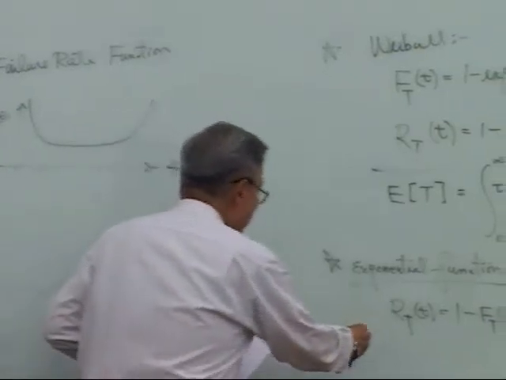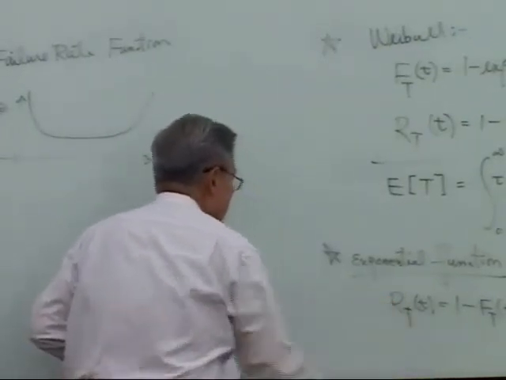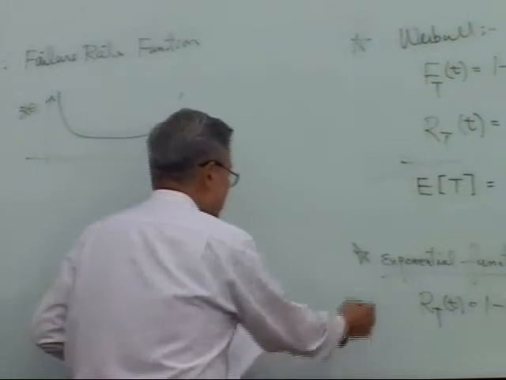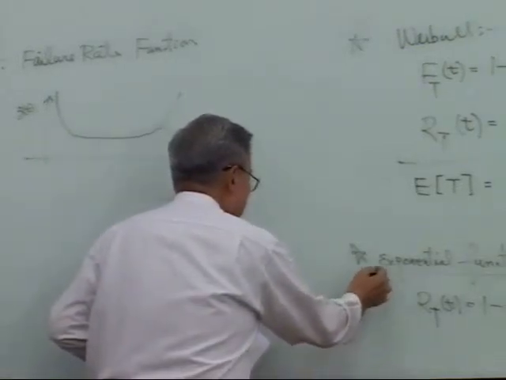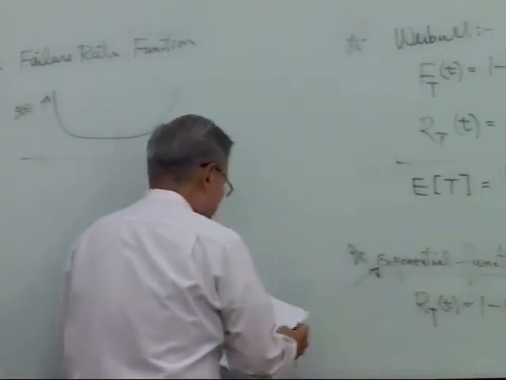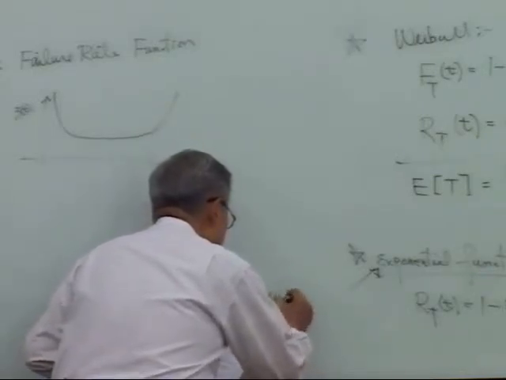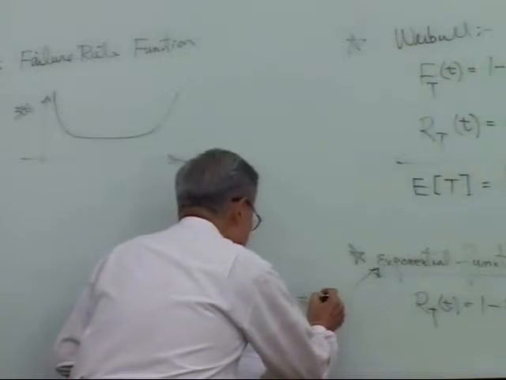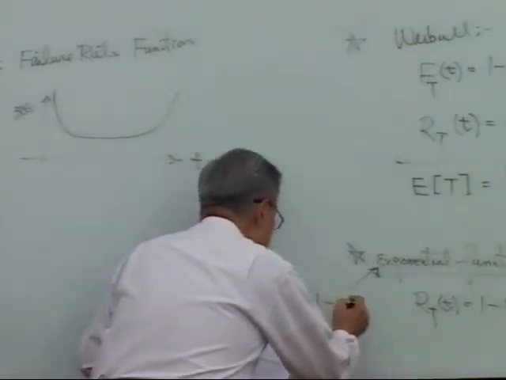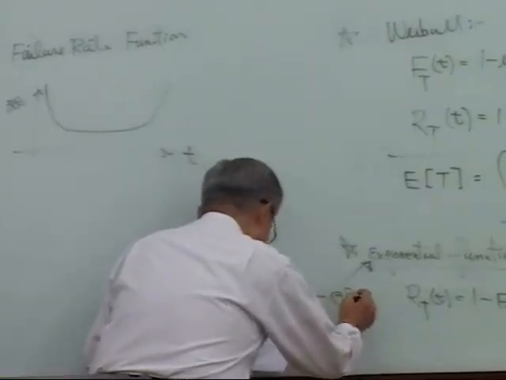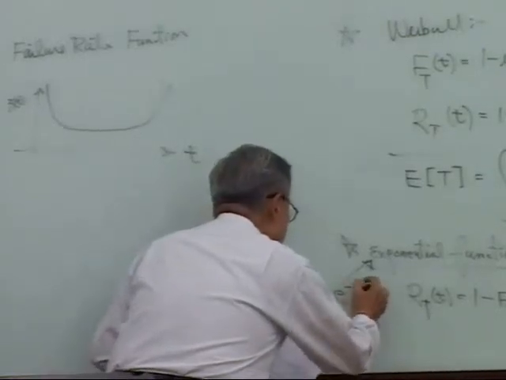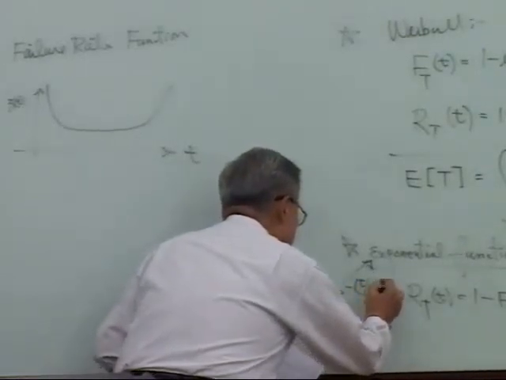And here, to get that exponential, this is the reliability term. But in terms of the probability of failure F(t), this is equal to 1 minus e to the minus t over theta.